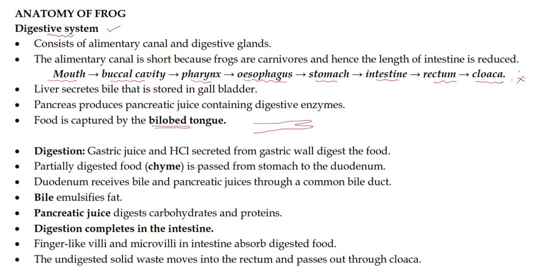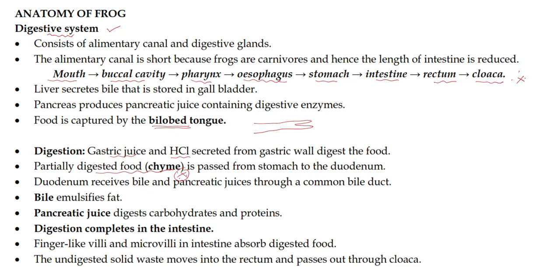Then, if we go into the physiology, for digestion there is gastric juice from the stomach along with HCl, secreted from the gastric wall, and that will be digesting the food material. Then partially digested food, this is also an important term called chyme, is passed from the stomach to the duodenum, nothing but the small intestine.